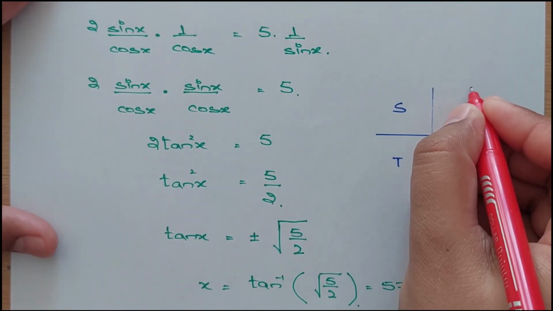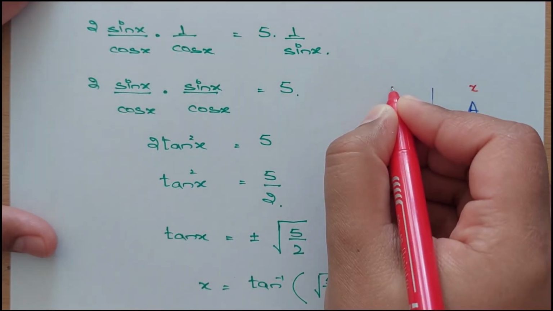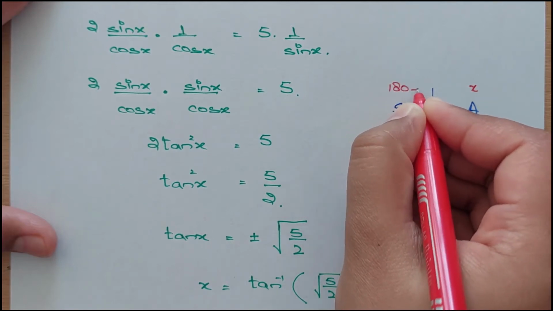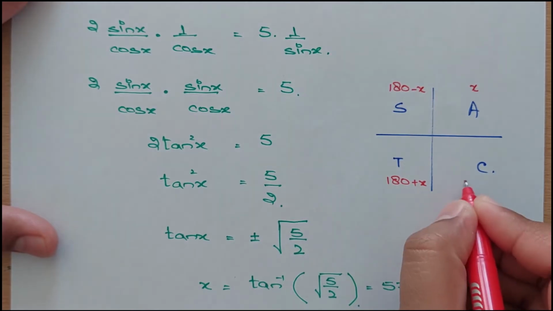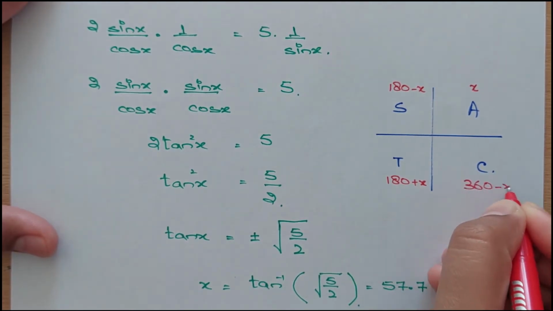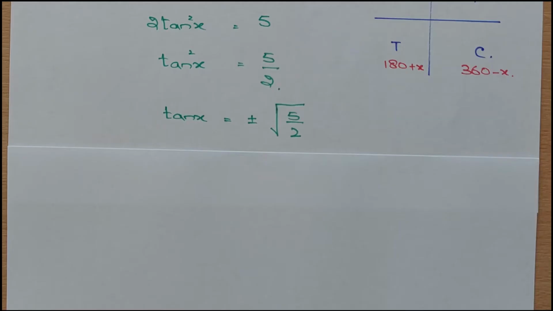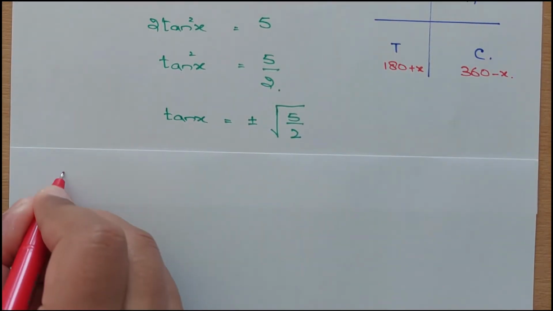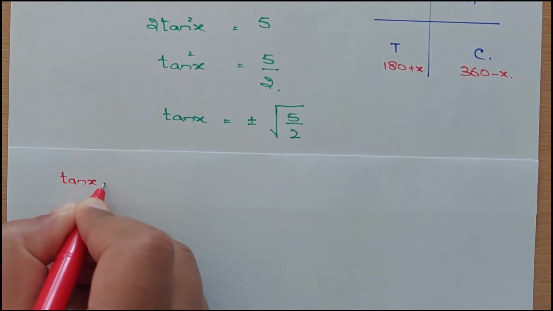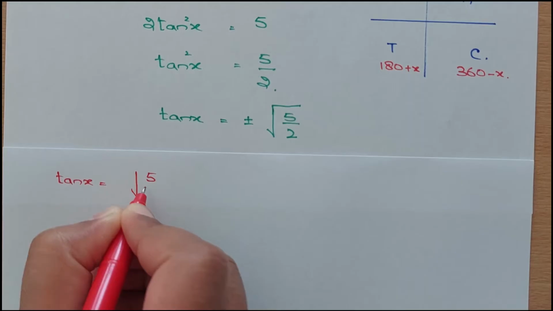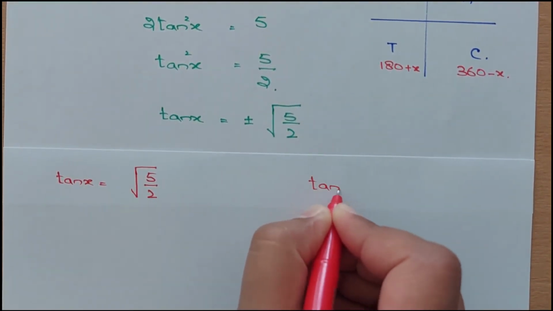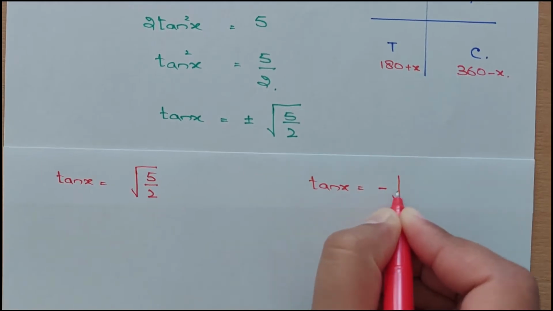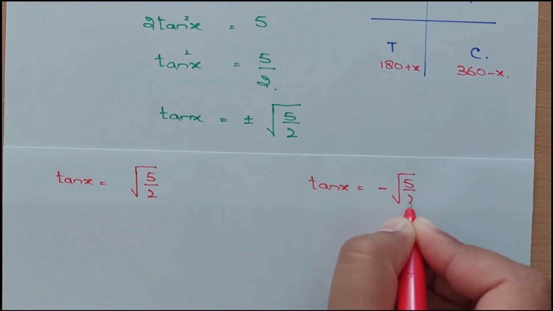So here we have the value for x, and here we have 180 degrees minus x, here we have 180 degrees plus x, and here we have 360 minus the value for x, right? Now the first case is when tan x equals square root of 5 by 2, right? And the second is when tan x equals minus square root of 5 by 2, right?